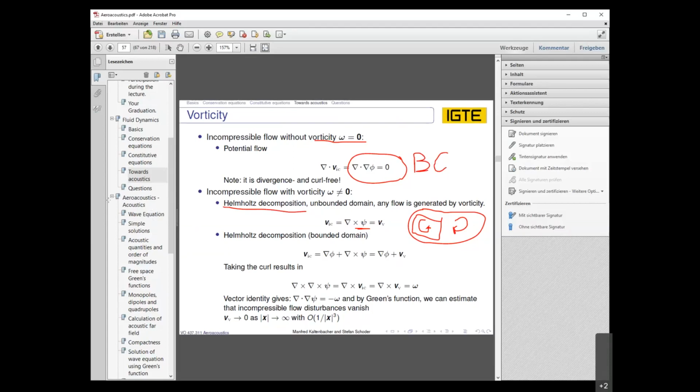Then we have one term related to the potential flow and another related to the vortical flow. That's how the Helmholtz decomposition acts on a bounded domain: we always have to keep in mind that there are boundaries and there can be flow exposed from the outside onto the domain itself.